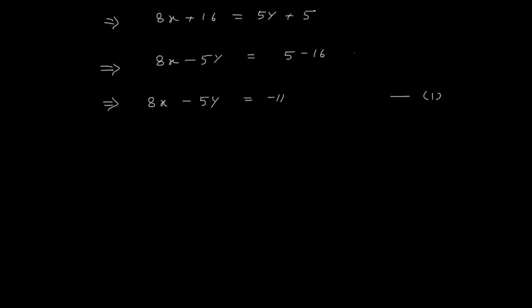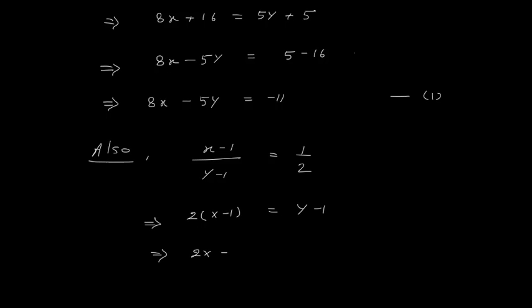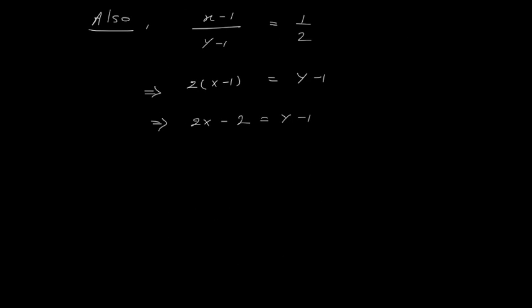Also, we have x minus 1 upon y minus 1. It is equal to 1 by 2. So this implies that 2 times x minus 1 is equal to y minus 1. So this implies 2x minus 2 equal to y minus 1. So this gives me 2x minus y is equal to minus 1 plus 2. Minus 1 plus 2 is 1. So this is my second equation.